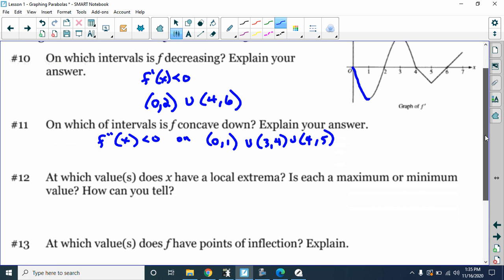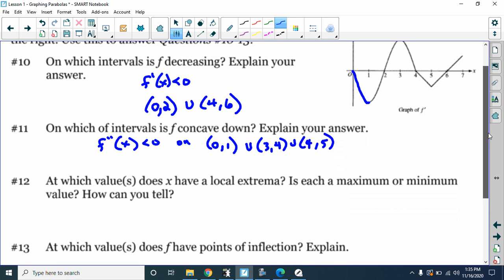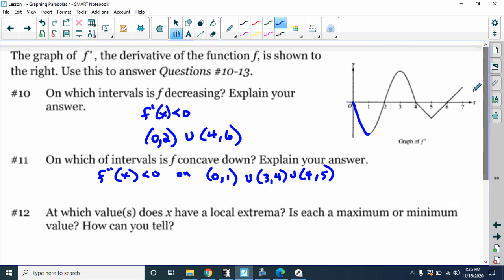Number 12, where do we have local extrema? Is each one a max or a min? So extrema occur when the derivative changes sign. I need f prime of x to change sign. This is a graph of f prime of x.